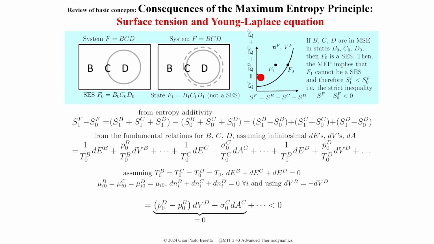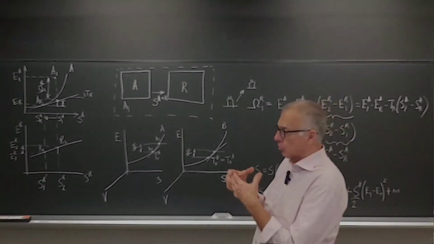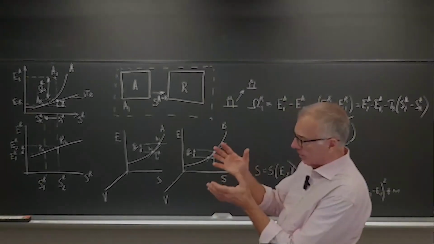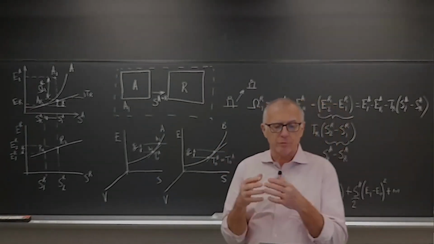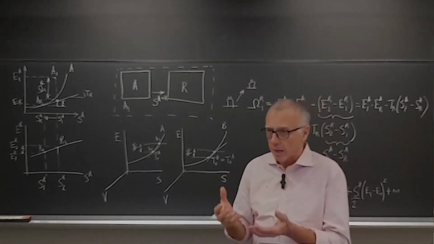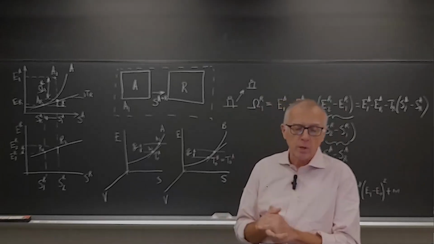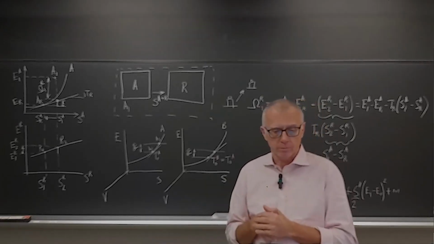Of course, it's the value, like the pressure, evaluated at the stable equilibrium state F0. Here the dots represent many things. They also represent, I should have written it, but I didn't have enough space on the view graph, the derivative with respect to the amounts and the second order terms.